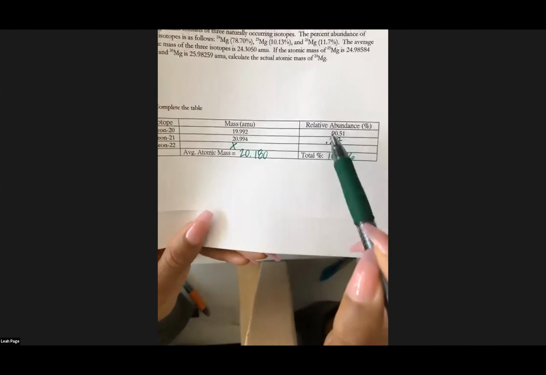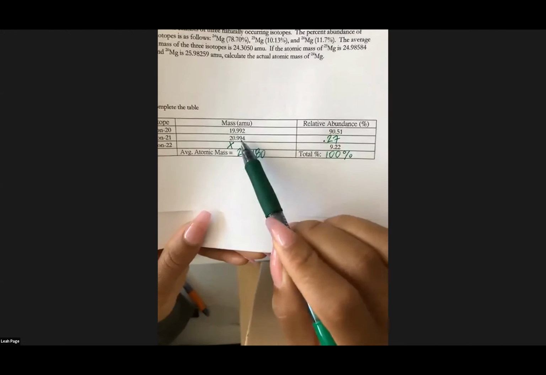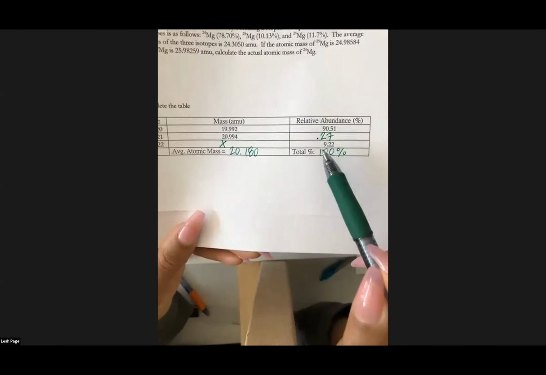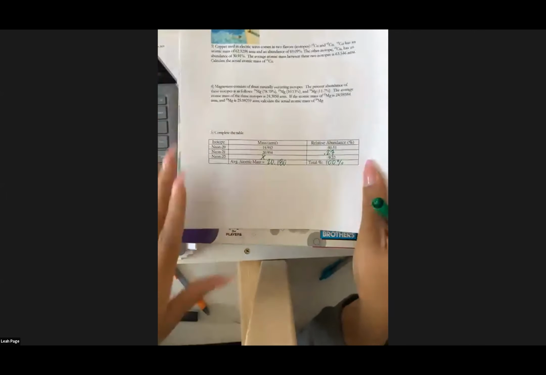So meaning, we gotta say our mass times the fraction, plus this mass times this fraction, plus this mass times this fraction should equal 20.180. And I'll write it out for you. So let me grab my book so I can be a little higher.